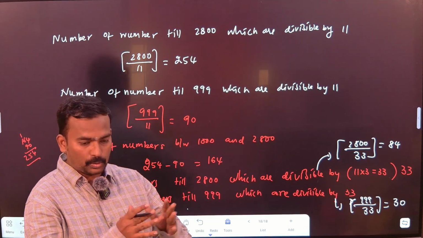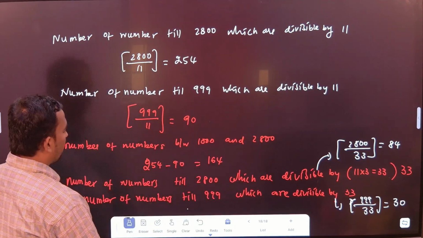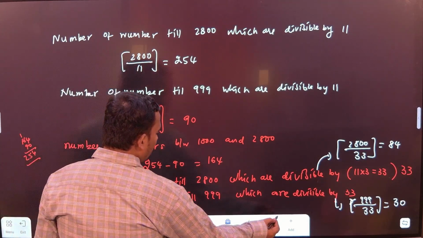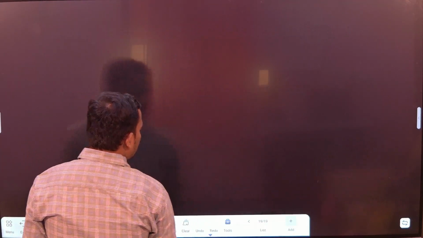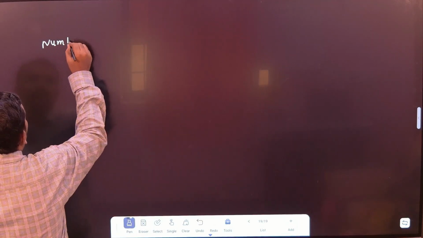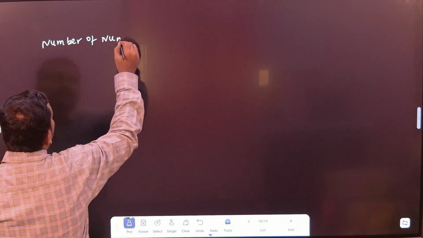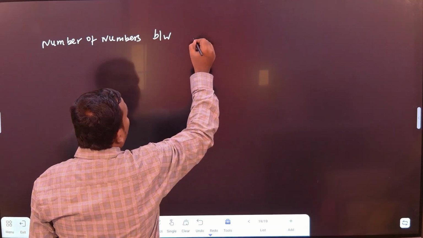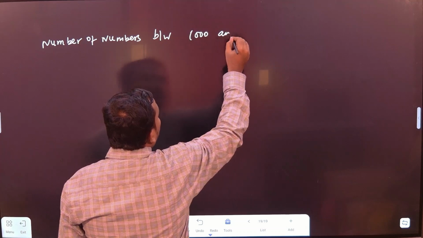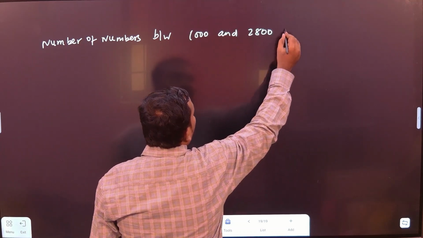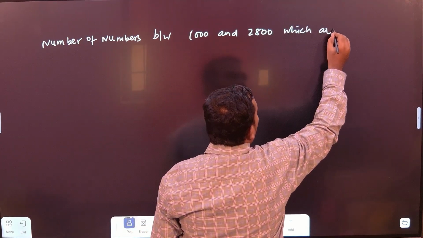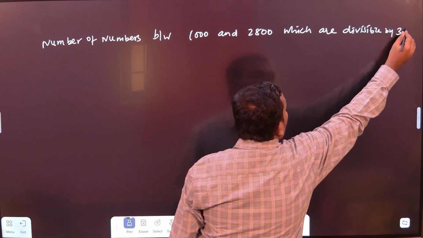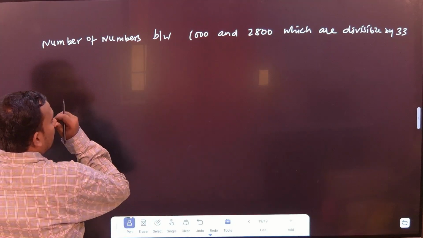So we need actually the 4 digit numbers. That means between 1000 and 2800 is required. So the number of numbers between 1000 and 2800 which are divisible by 33, what will we get?